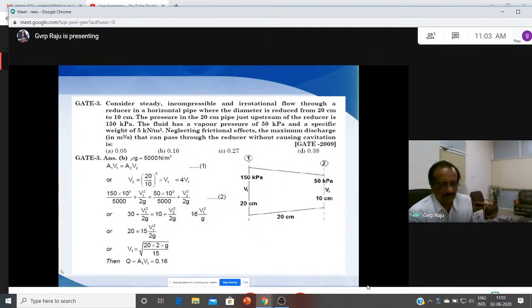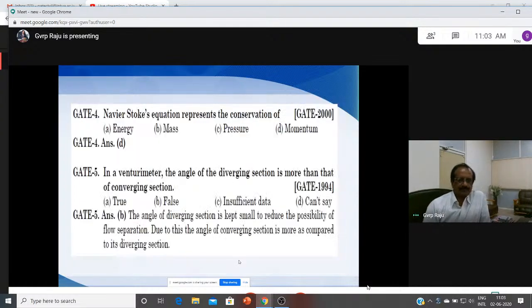So now Q is equal to A1 V1, which is equal to 0.16. And the Navier-Stokes equation represents the conservation of momentum. As you know, I told you there are 3 equations: Euler's equation, Navier-Stokes equation, and also Reynolds equation.